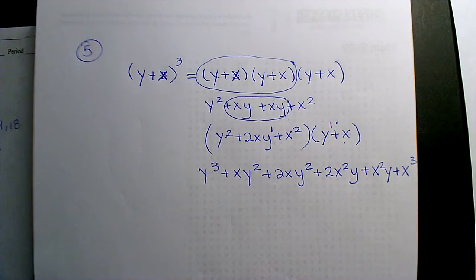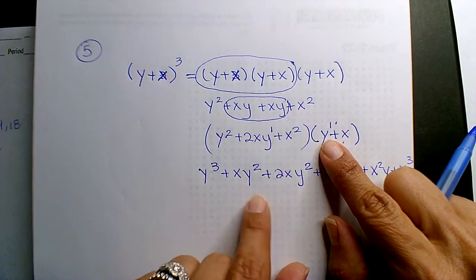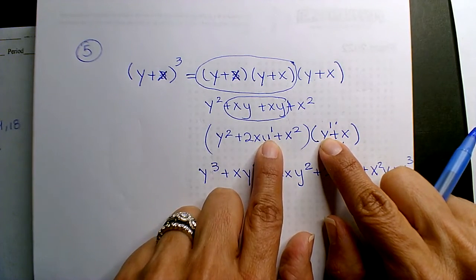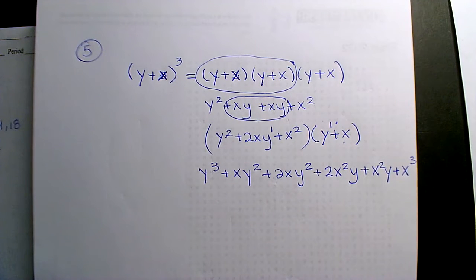So just slow down, kind of focus on what you're doing. You guys are all capable of adding, but definitely if you're going 2xy, that's 2xy, there's 2 y's. And then here, 2xy times x, 2x squared y. Just human error.